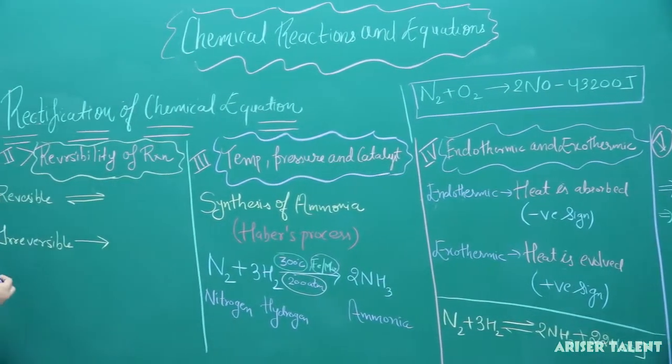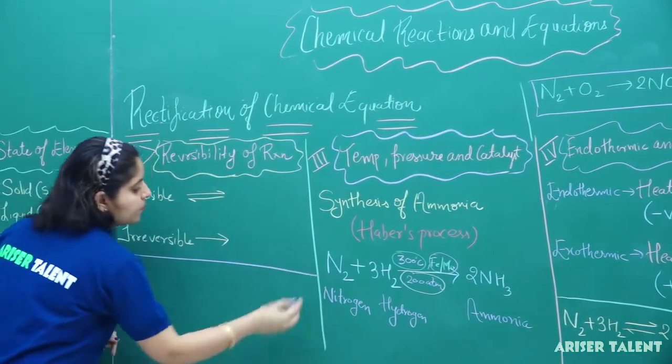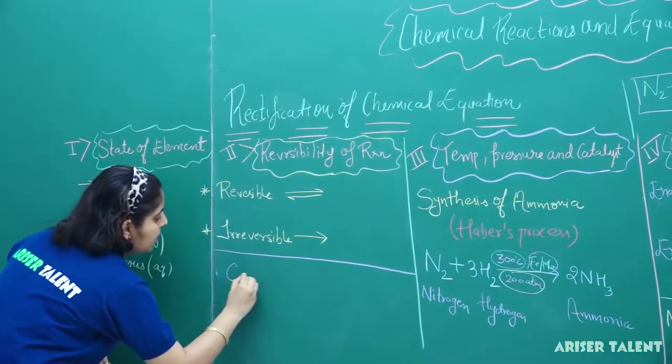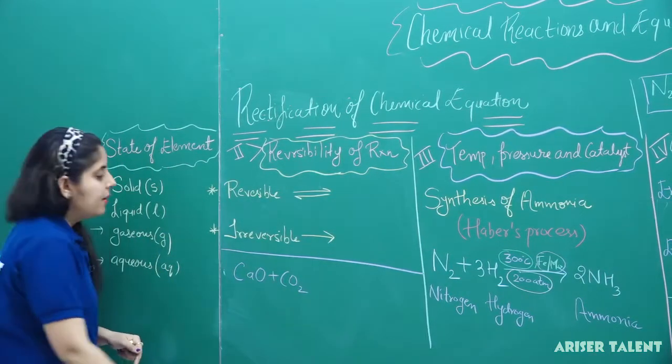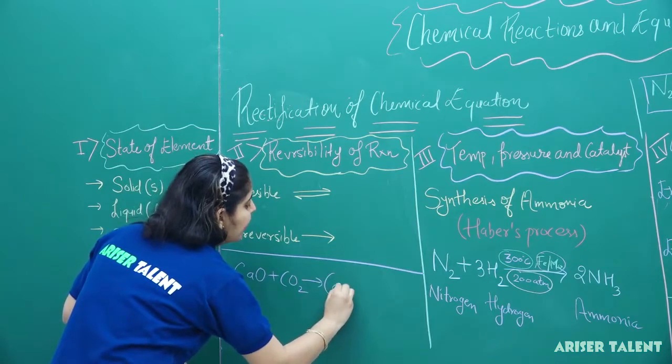Example for this I am writing here. Suppose we have calcium oxide plus carbon dioxide. What we will observe here is that we will get CaCO3.